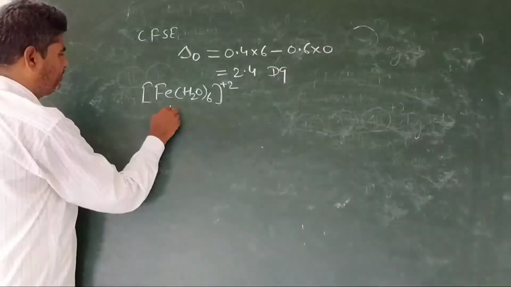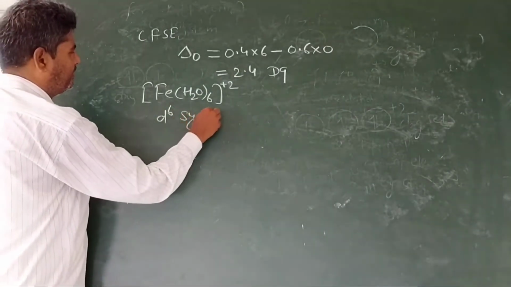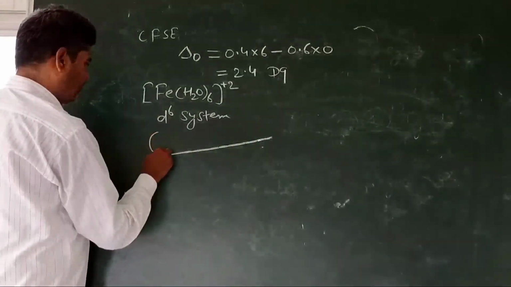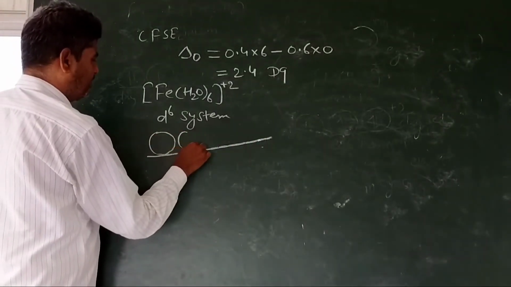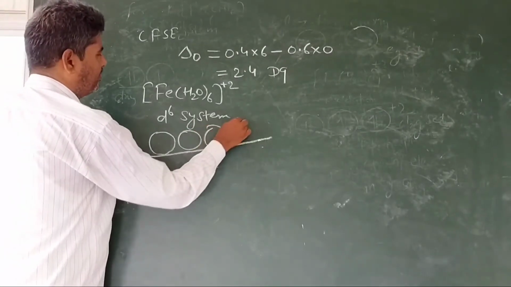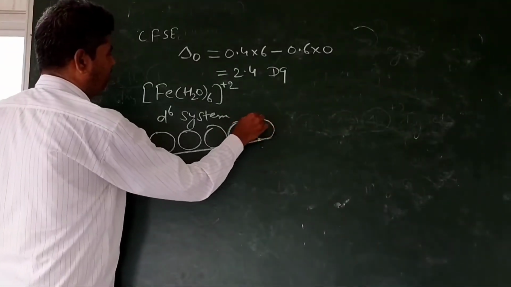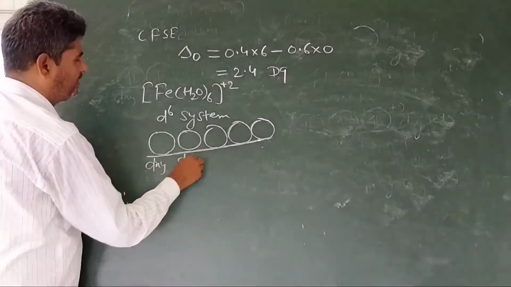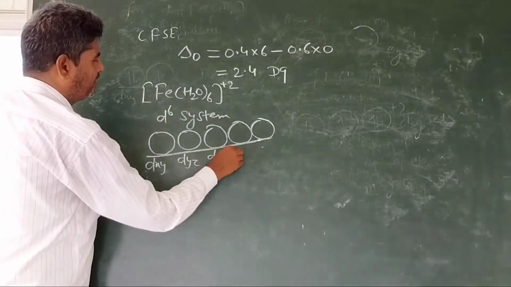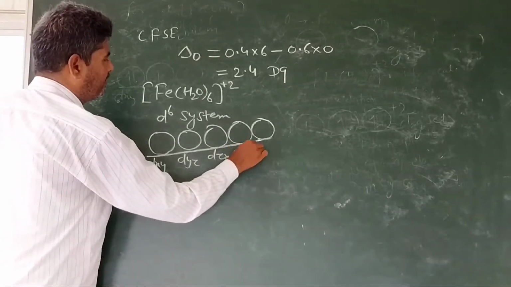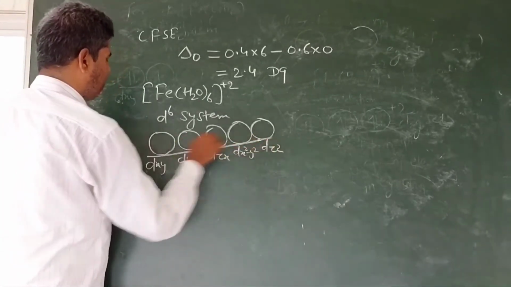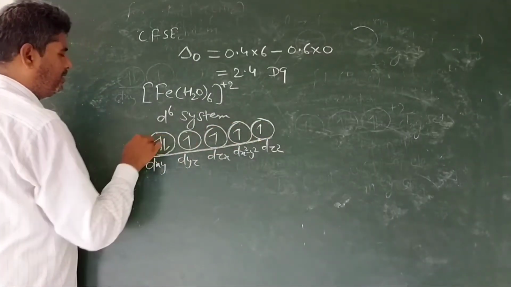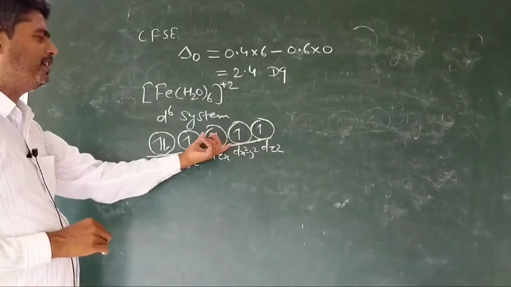D6 system. dxy, dyz, dzx, dx square minus y square, dz square. 6 electrons are distributed by Hund's rule. This is the set before splitting.